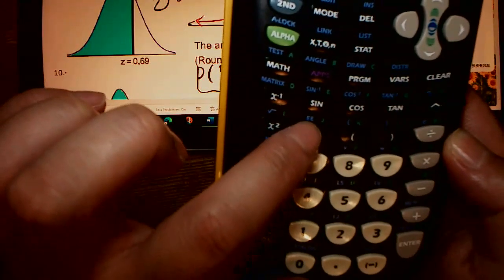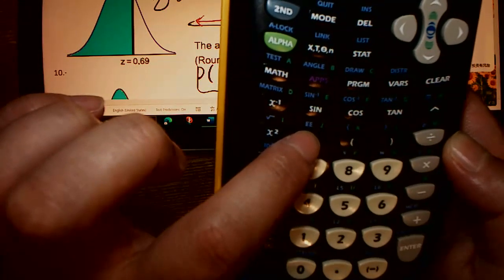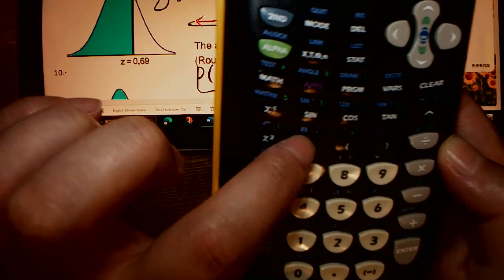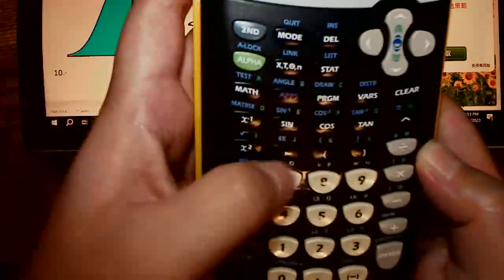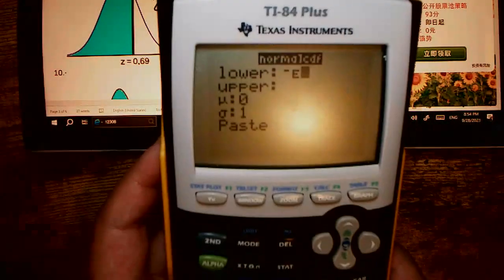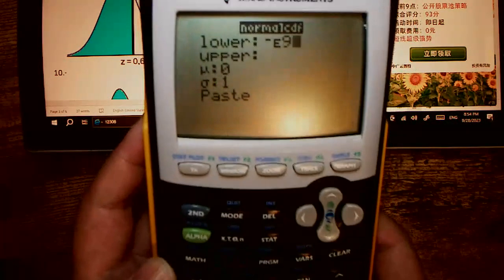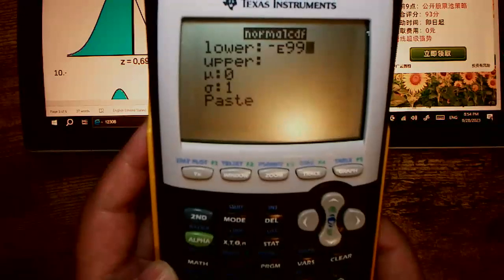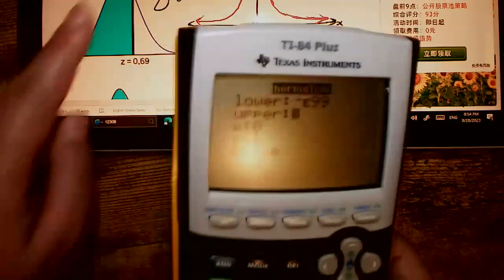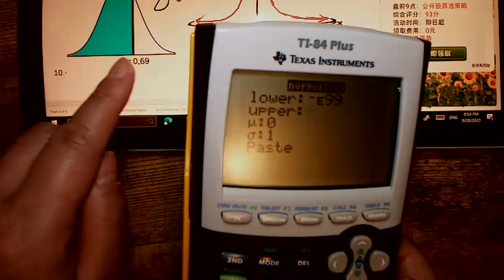You actually see it as double E, but double E on the screen of the calculator is only 1 E. So negative, second comma, and you would see negative E. You don't see double E, but actually you enter double E, and 99. That's how you enter negative infinity. So look at our curve, look at our region, from negative infinity to 0.69, right?